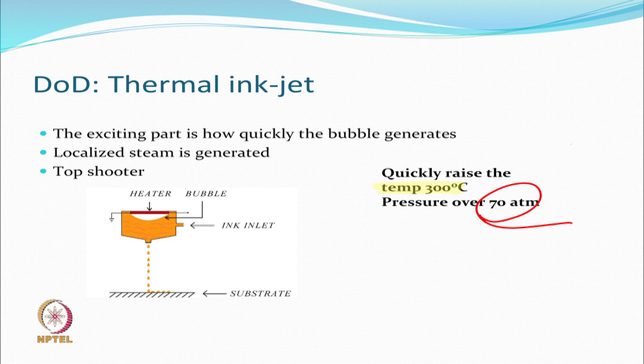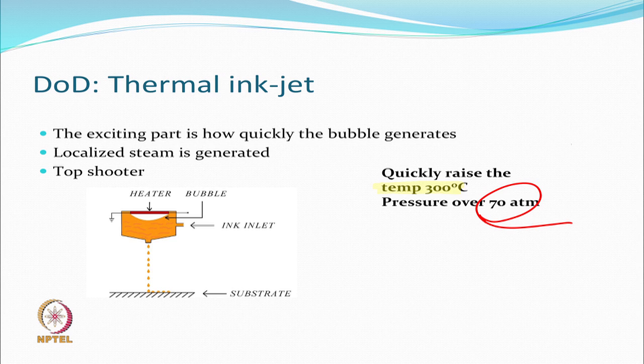That means water obviously has been converted to steam and a bubble is formed, and based on the size of the bubble, which would depend on how long the current was passed and the temperature achieved, the same or a similar drop size may get ejected.